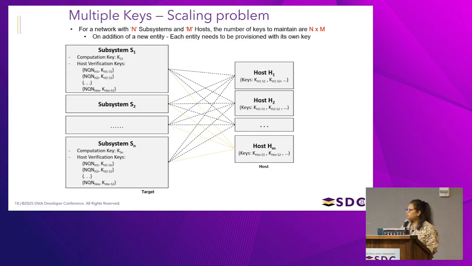Same goes with the subsystem. If you are adding a new subsystem, all the hosts have to be provisioned with the keys which are relevant to this subsystem. So this entire scaling part is a scaling issue basically. It's an M times N provisioning problem.